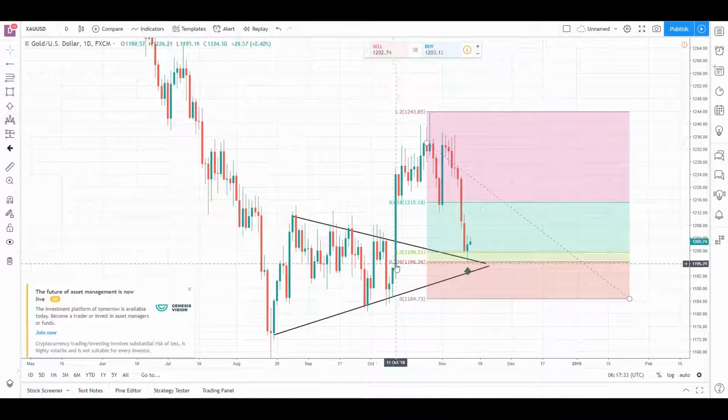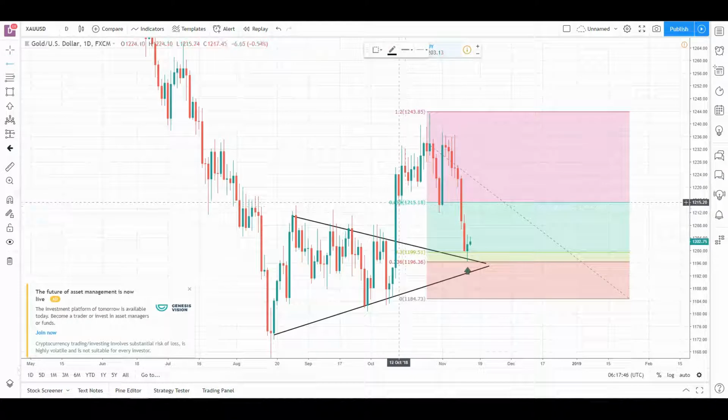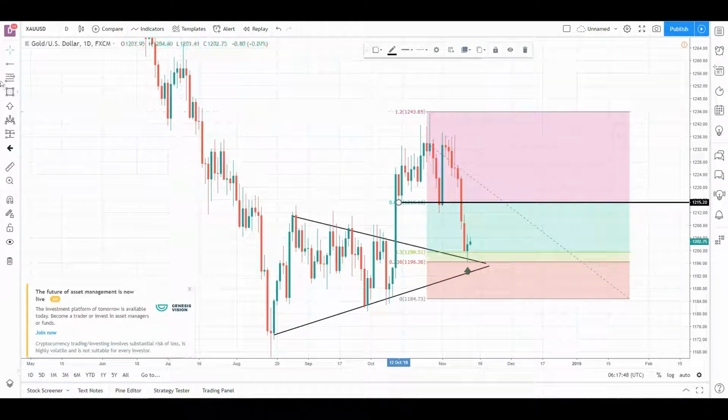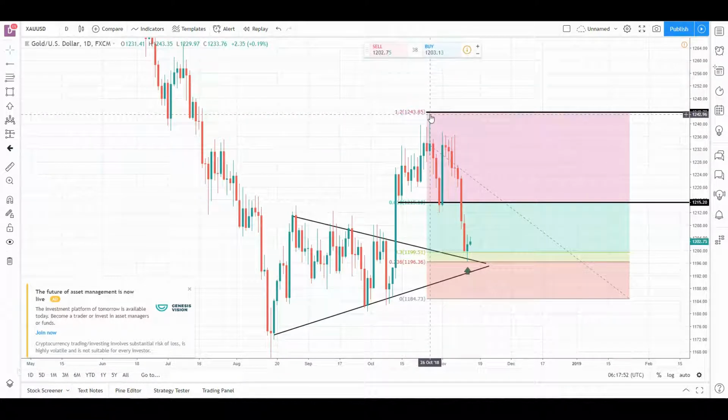So we have the 23.6 at the low, and we have the 0.3 at the close. You can see that 0.168 is right at this key trading level here. So this could be the first target, black level, and the second target is the previous highs right there. So that's for gold. I'll be looking to take it up, not right now, but sometime soon.